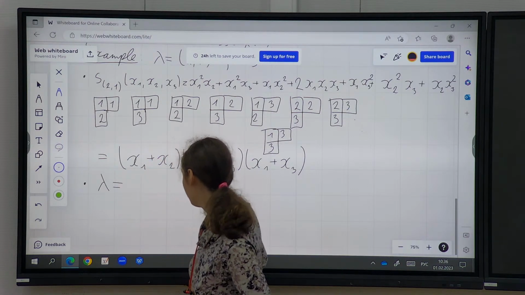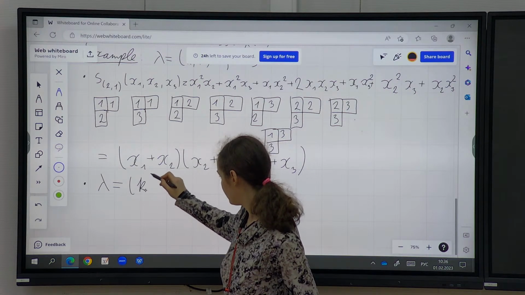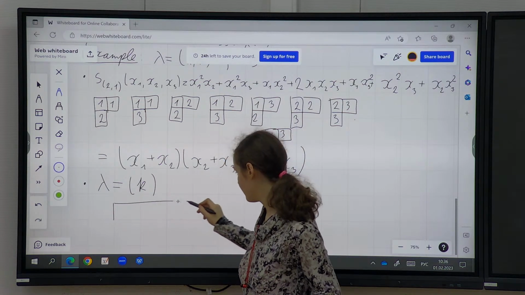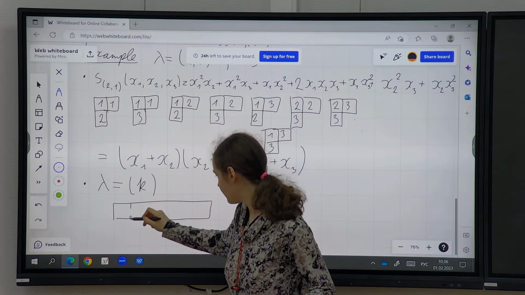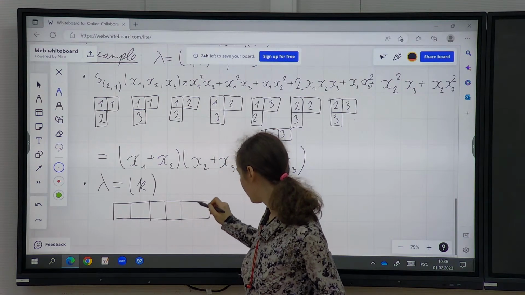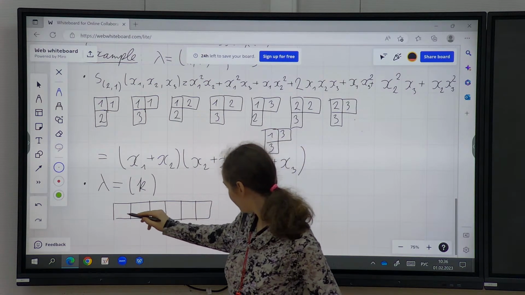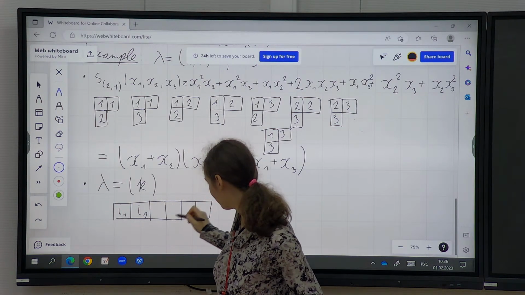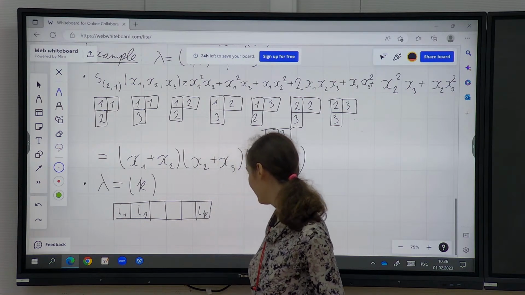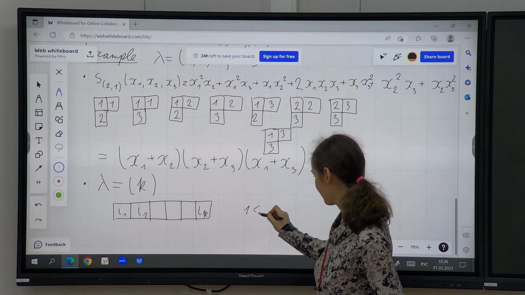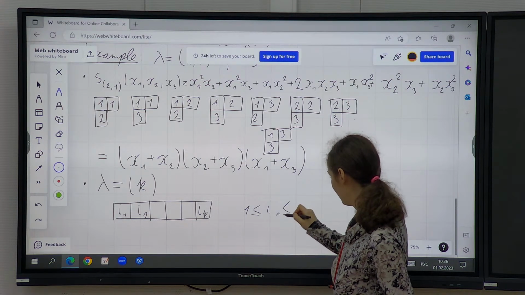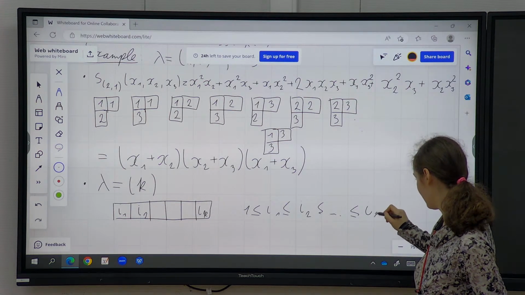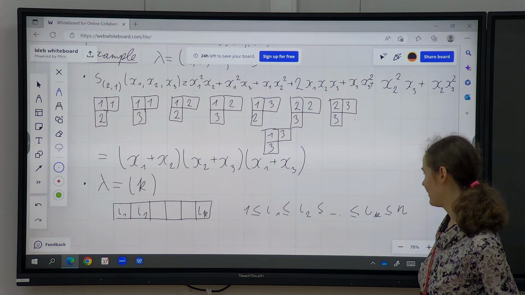What if our partition is just a row of boxes? Then we fill this row with some numbers, i1, i2, ik, that non-strictly increase from 1 to n.